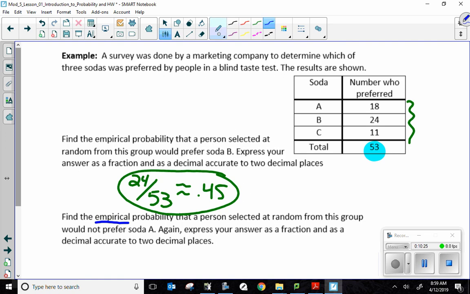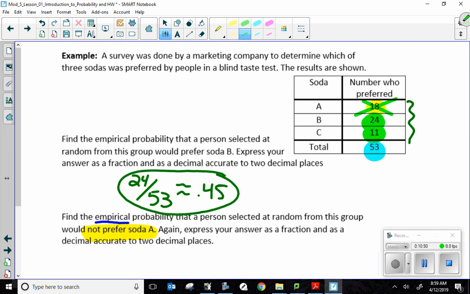Here are the people that like soda A, but notice it says that would not prefer A, which means which two groups do not? Obviously, the people who like B don't want A, and the people who like C don't want A.